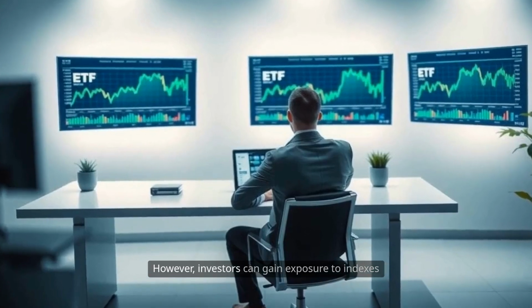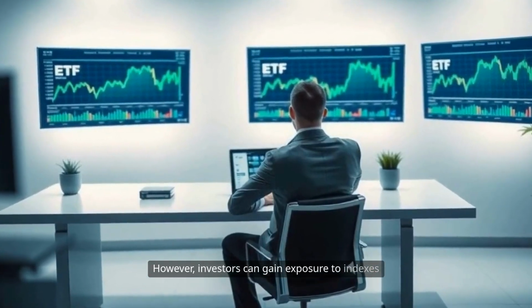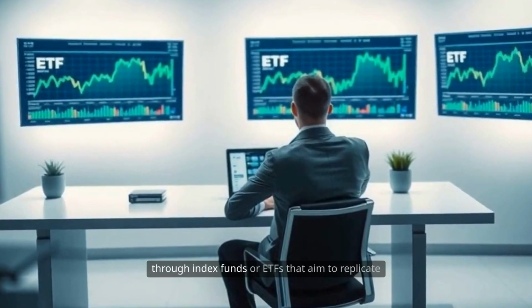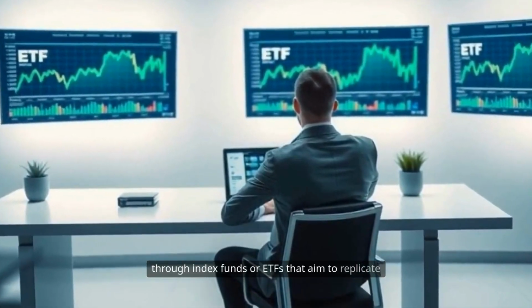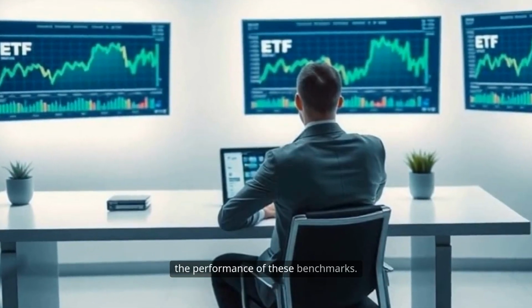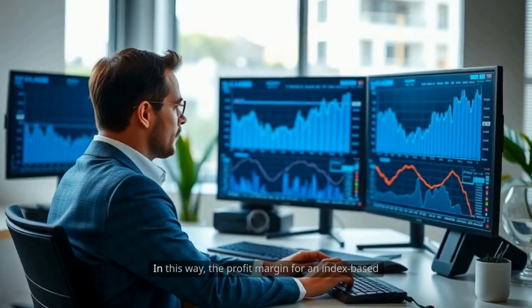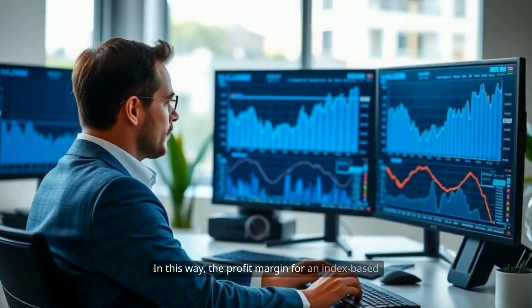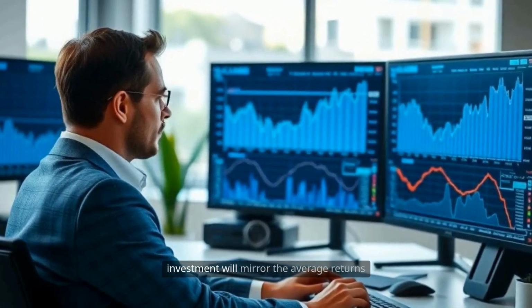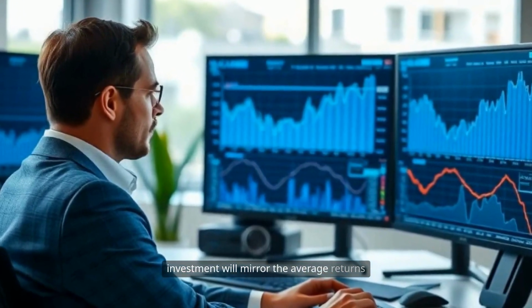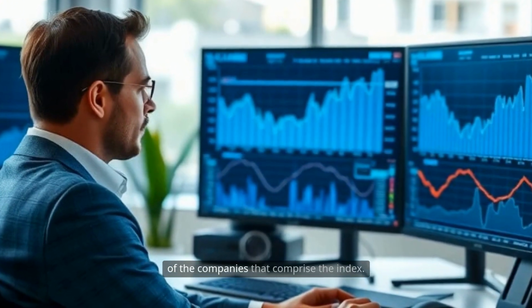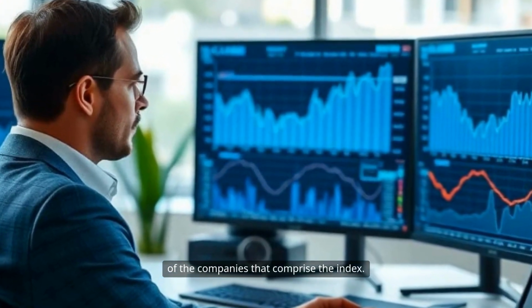However, investors can gain exposure to indexes through index funds or ETFs that aim to replicate the performance of these benchmarks. In this way, the profit margin for an index-based investment will mirror the average returns of the companies that comprise the index.